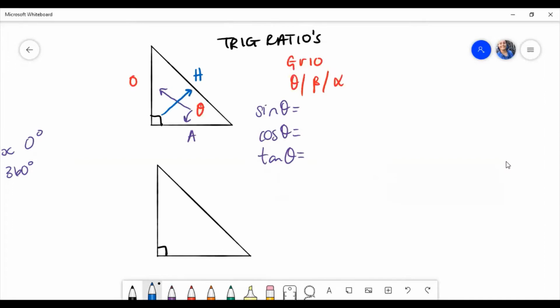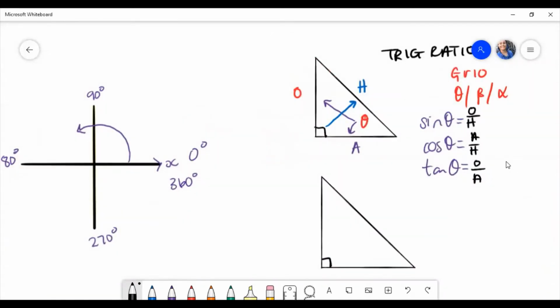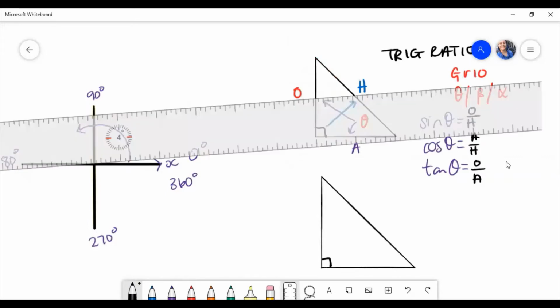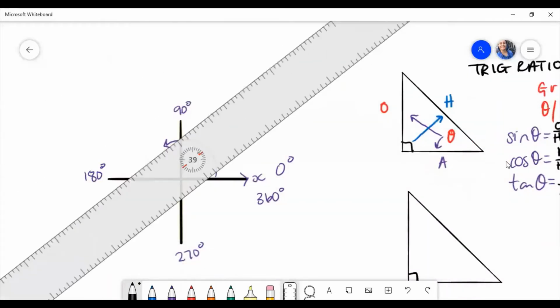Now, together with the theory of sine of theta being opposite over hypotenuse, cos of theta being adjacent over hypotenuse, tan of theta being opposite over adjacent, we translated that and we went and drew that triangle in the Cartesian plane.